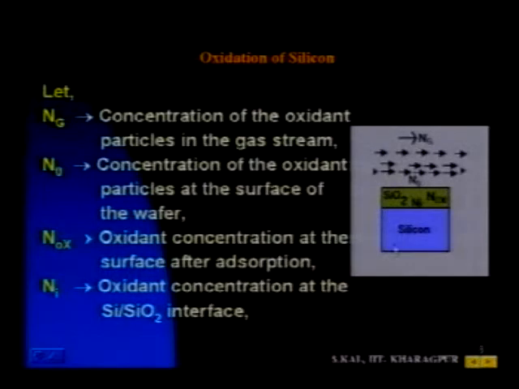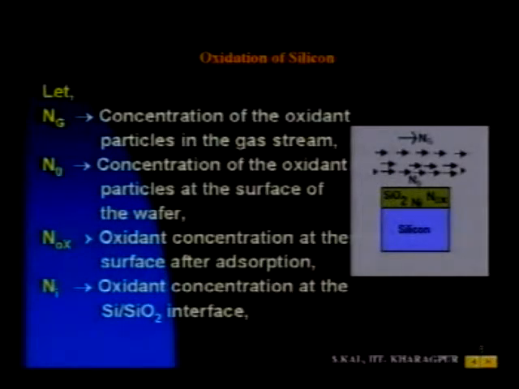NOx is another parameter, which is the oxygen concentration at the surface after absorption. It is written here, you see NOx. As soon as the oxygen particles come close to the surface, these oxygen or water molecules will be absorbed by the existing surface of silicon dioxide. We assume that some silicon dioxide already exists on the surface of the silicon.